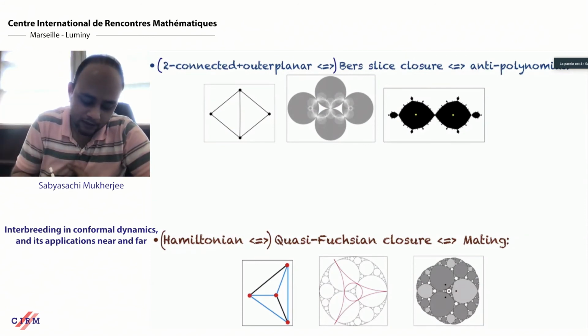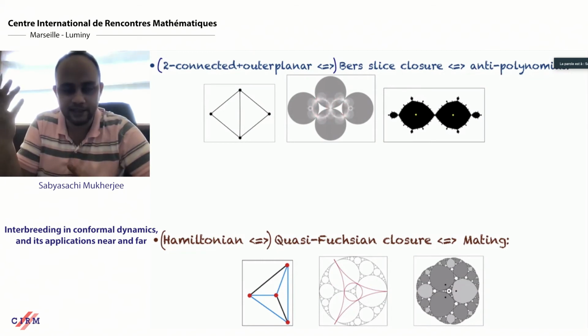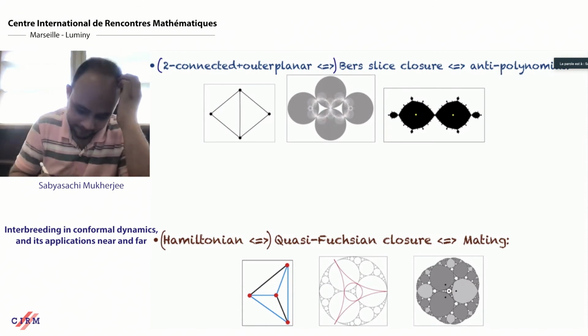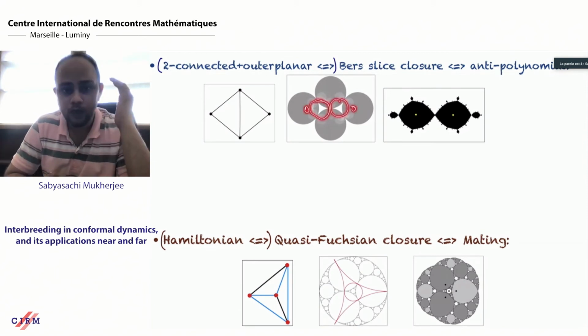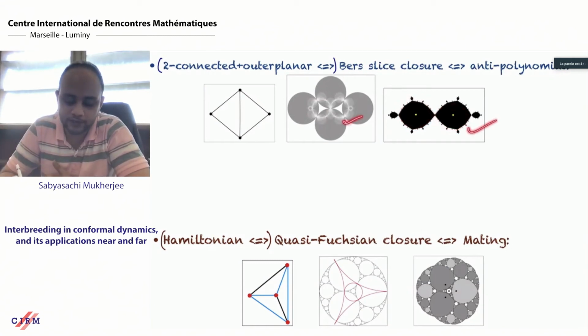So you see this limit set over here. This is obtained by pinching some curves on a punctured sphere. And the geodesic lamination that describes this limit set can be directly pushed forward by a homeomorphism to the lamination of this polynomial. And that's what gives you the homeomorphism between these two objects.